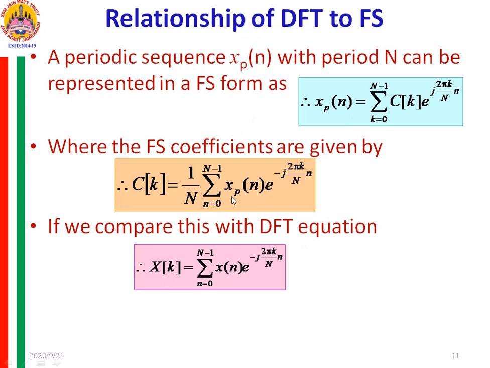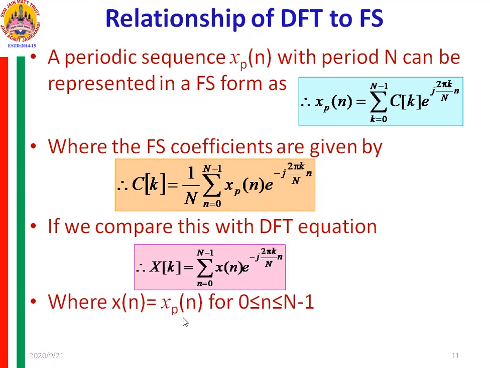So, replacing this expression, summation n from 0 to N minus 1 xp of n e raised to minus j 2 pi k n by capital N, with X of k. Why are we replacing? We assume that the points 0 to N minus 1 of xp of n and of x of n are equal. If these two are equal, this particular expression in Ck can be replaced with X of k. Therefore, we rewrite this as Ck is equal to 1 by N X of k.